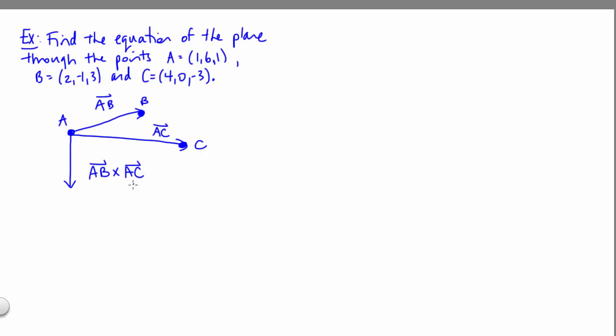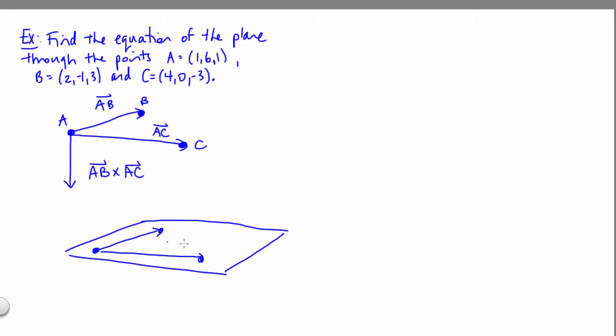So I'm going to draw another sketch to represent this. Another representative sketch of our points A, B, and C. So here are two vectors. Let's identify the plane that these guys lie in. So there we have our plane. And here again is our vector that is a normal vector for this plane.